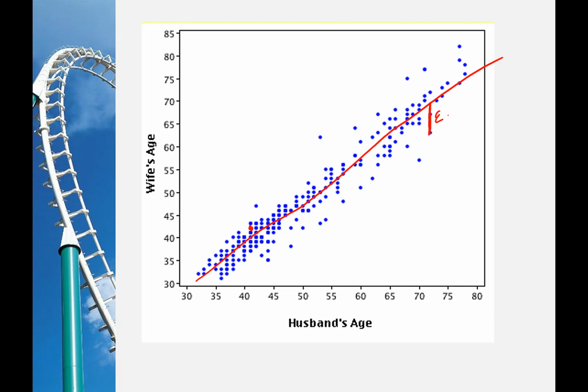So the data point for that person was underneath the line. There's a difference between what we observed and what we predicted. That's known as a residual. That distance is still left to explain. Why that?